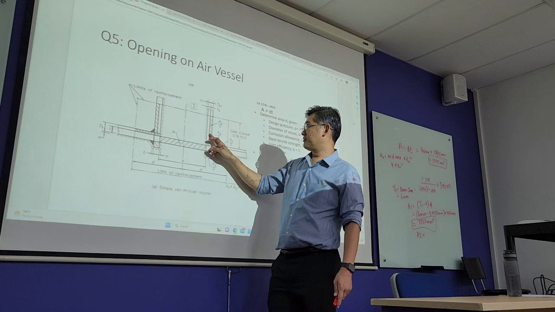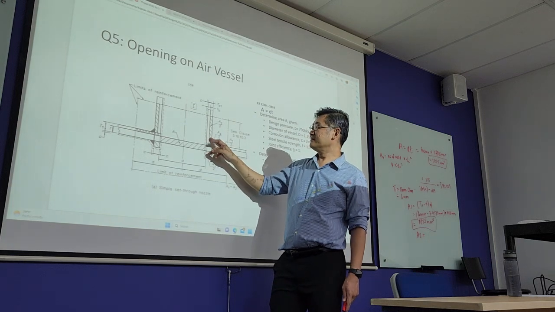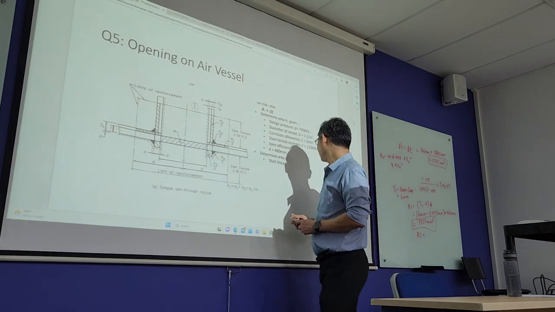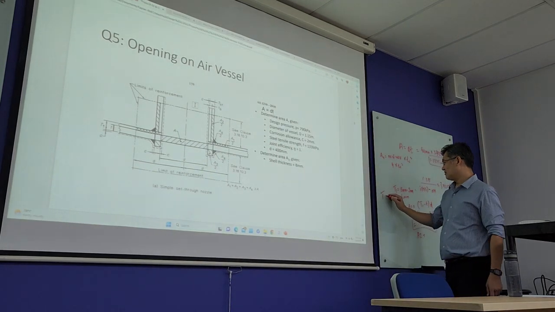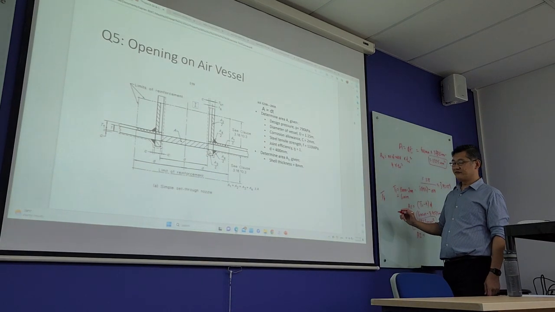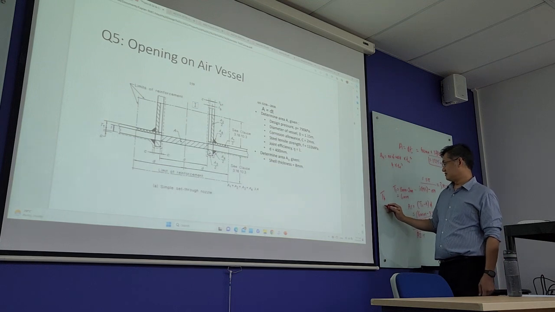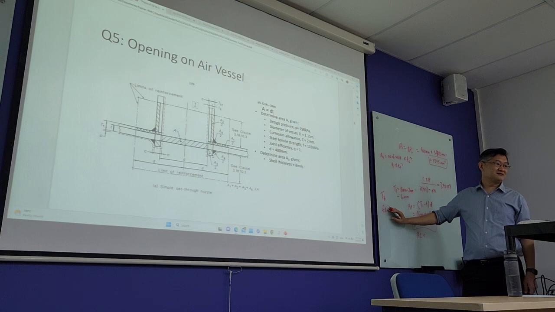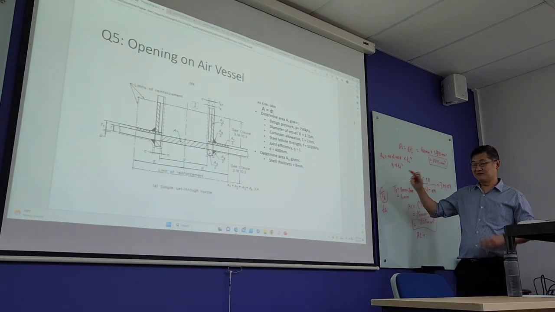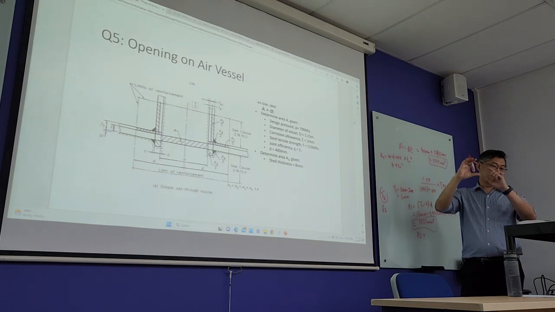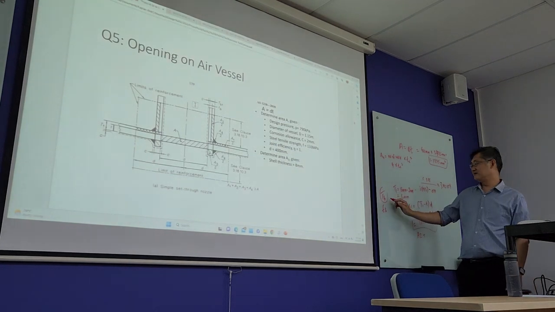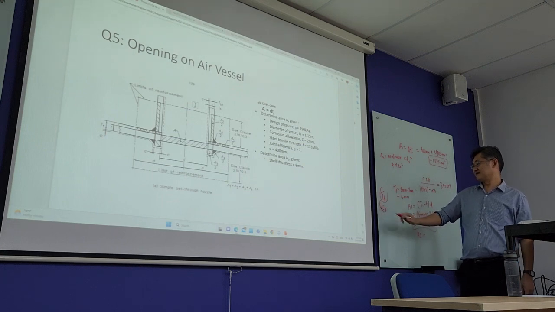This is your branch thickness, the smaller tb, and then the capital TB is the actual thickness of your branch. This one is the branch thickness that withstands pressure, and this one is your material used. It must be greater than this.